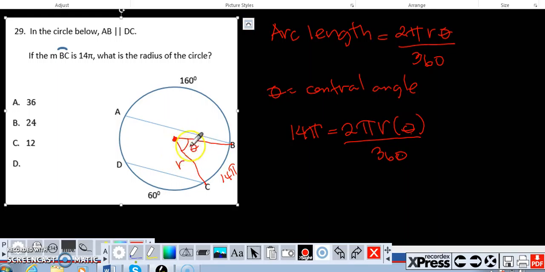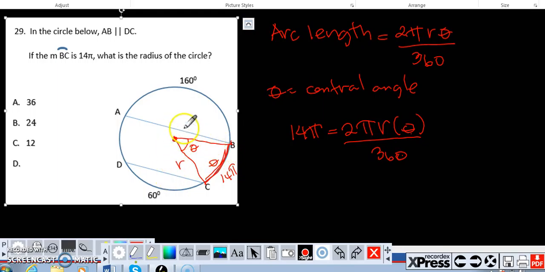Now remember, this angle is a central angle, so that's the same measurement as arc BC, right? Now we know that the whole circle is 360. From here to here is 160. From here to here is 60. If you add all of that, that will be 220. We don't know what this measurement right here is, but that's equal to theta as well.